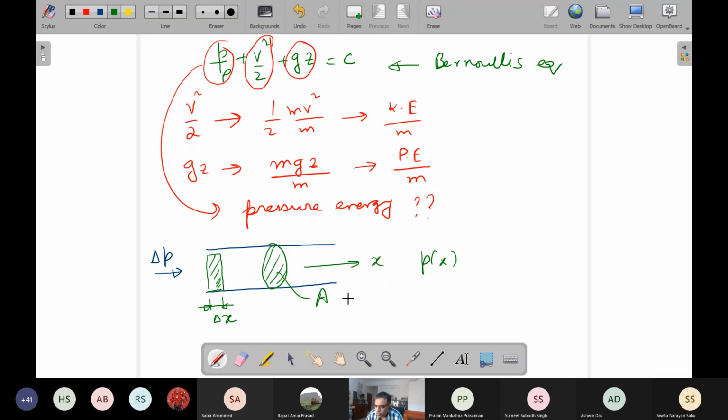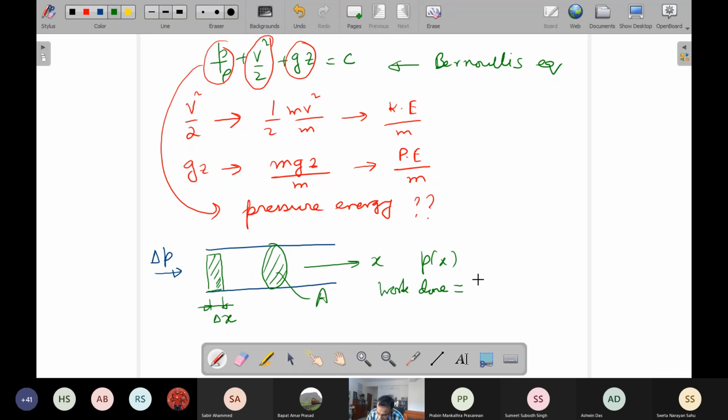So now you see this pressure differential is actually applying a force so that this so-called fluid element is being pushed and the work is done. So what is that work done in pushing this fluid element?